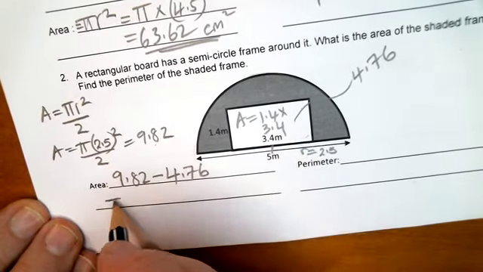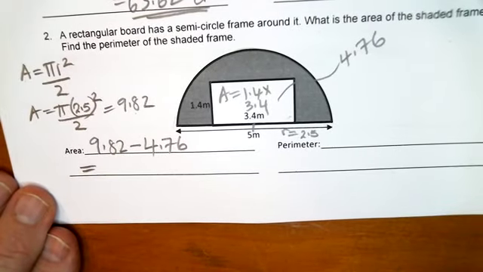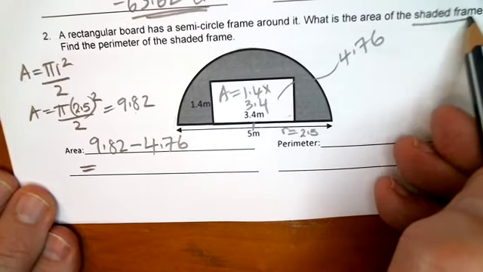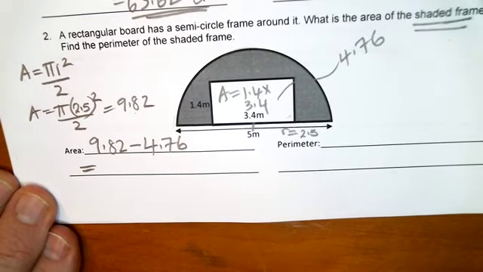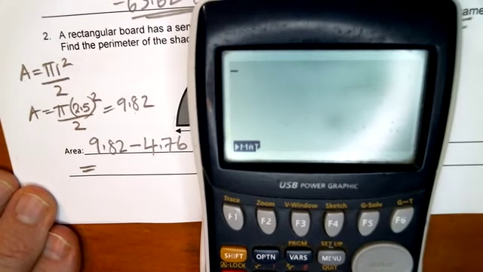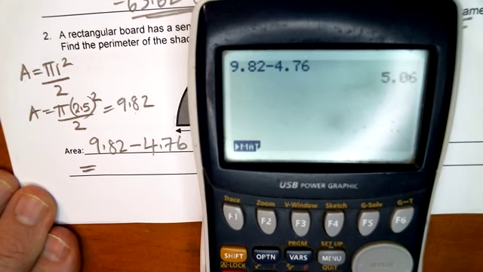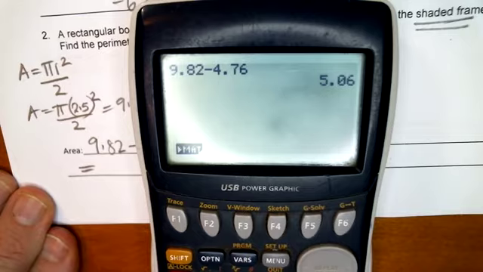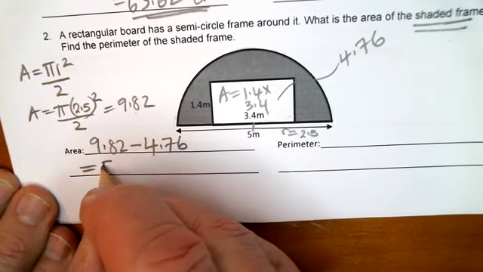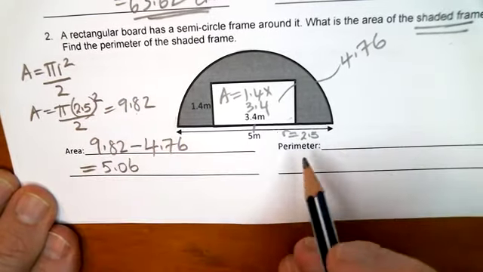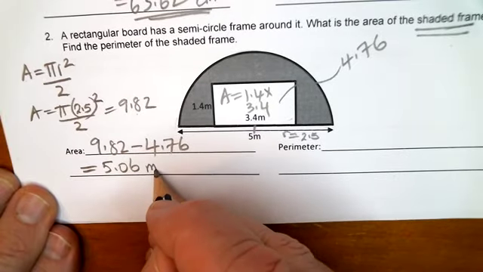Let's just check it, it's the shaded area, the shaded bit. I probably messed up here somewhere, but let's have a look. I get 5.06, and it's going to be in meters, so it's square meters.